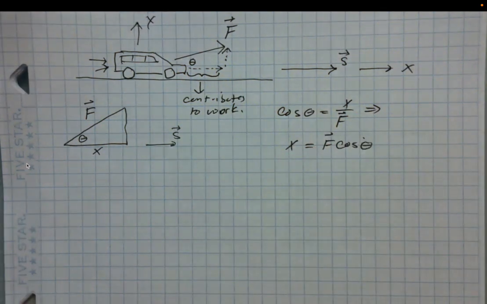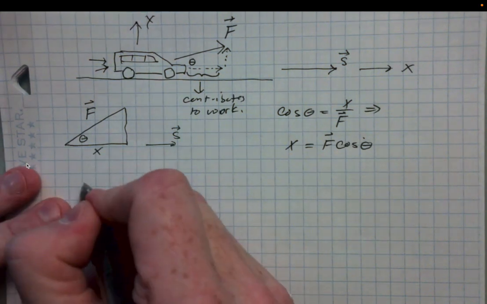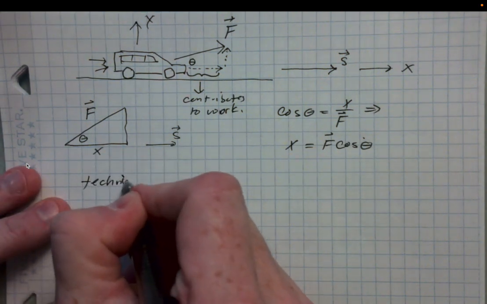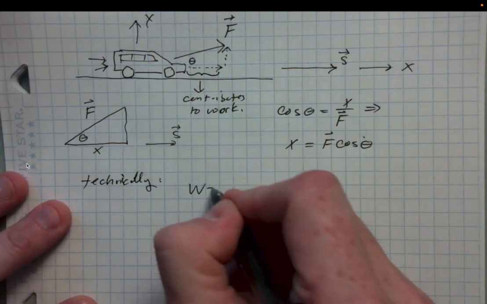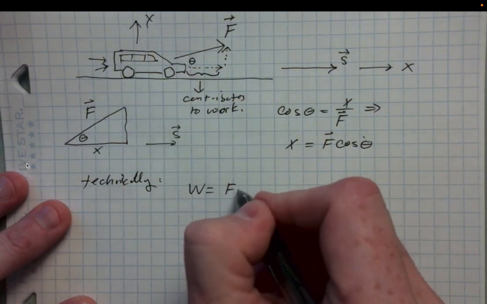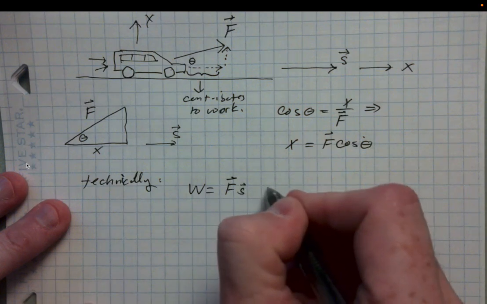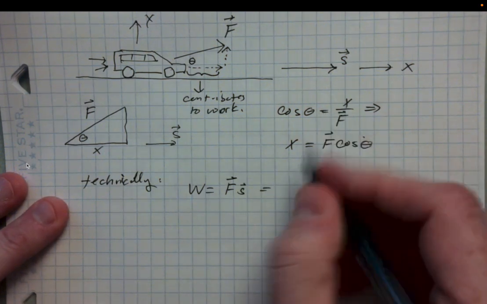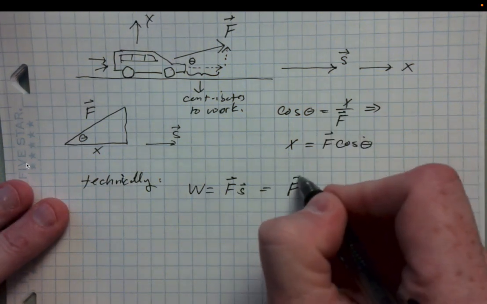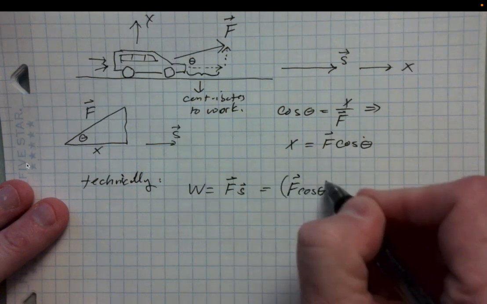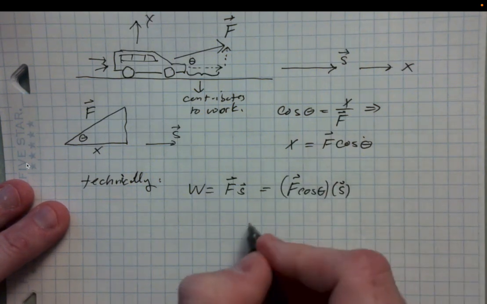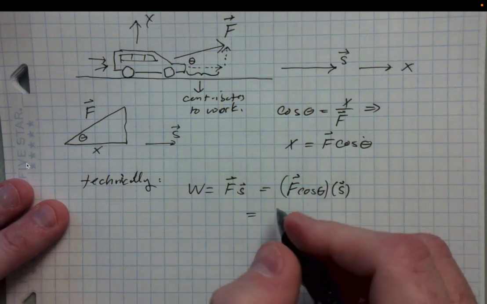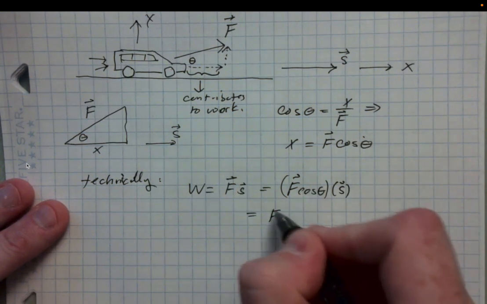So that's the part that goes into work, right? So technically, work, which we just said is F times S, is actually F cosine of theta times S, right? Which we'll frequently change the order of, and just write F S cos theta.